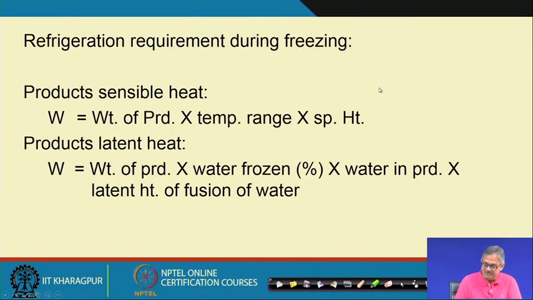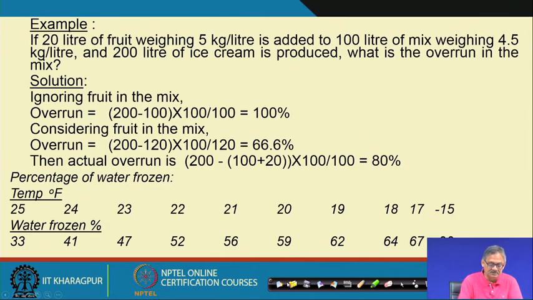So, we get the overrun to be around, from this calculation we have seen, 66.6%, right. Then the actual overrun is (200 minus 100 plus 2) into 100 by 100, which is 80%, because this was by weight, right.